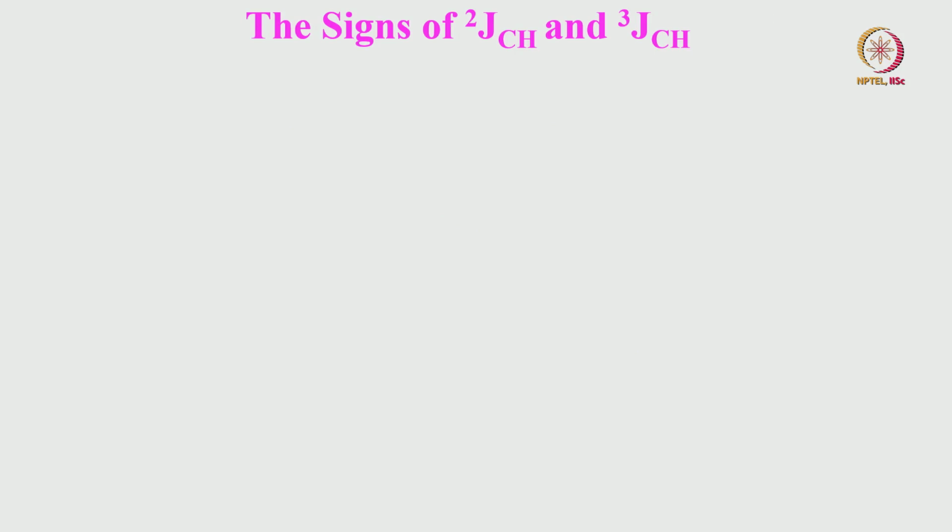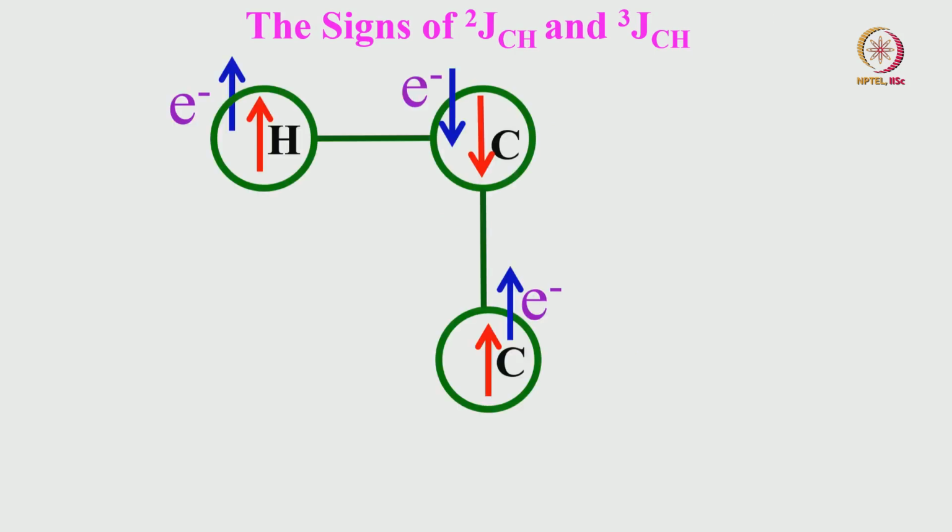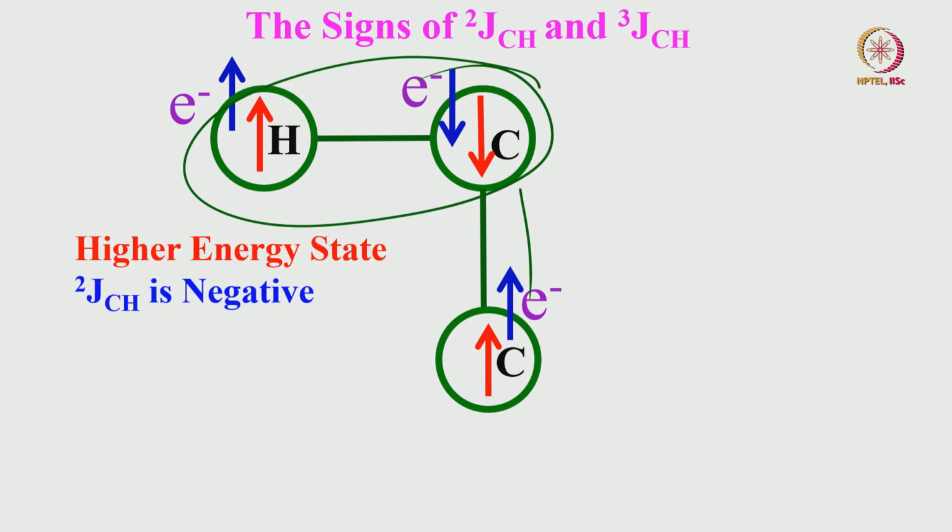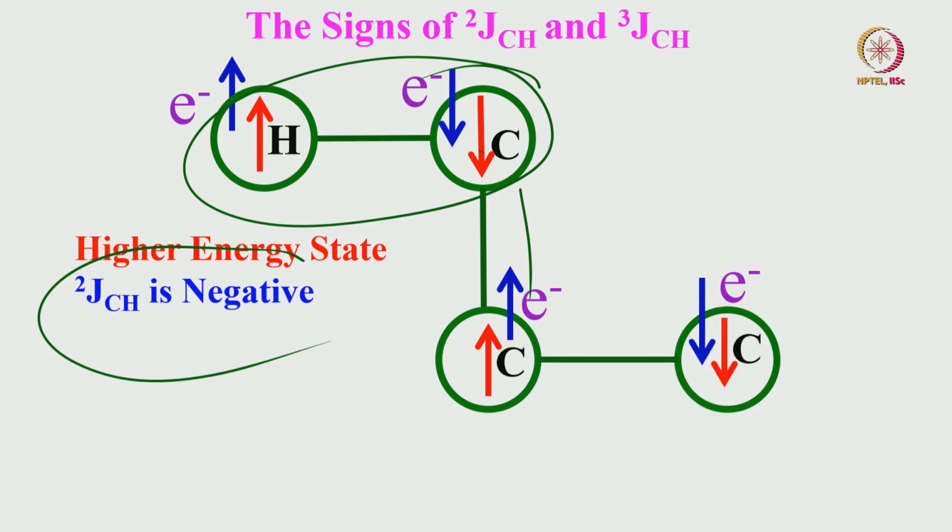Then what about two bond and three bond couplings of carbon and proton? Again, one bond coupling we know, extend it for another bond. If you extend the same logic, then these two are like this. You will have a higher energy state, that means you are going to get a negative JCH.